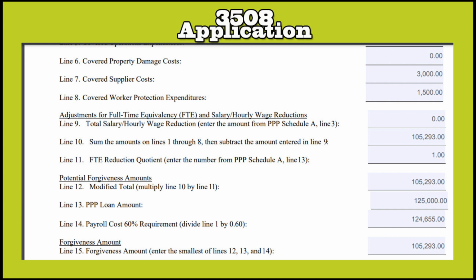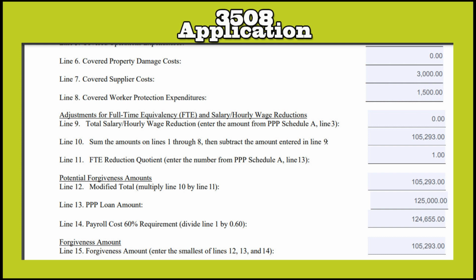And on line 15, you're going to enter the smallest amount from lines 12, 13, and 14. This will be your forgiveness amount.